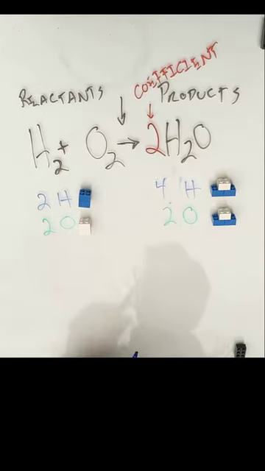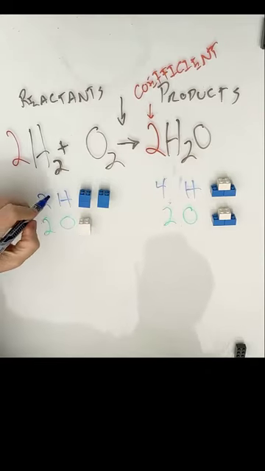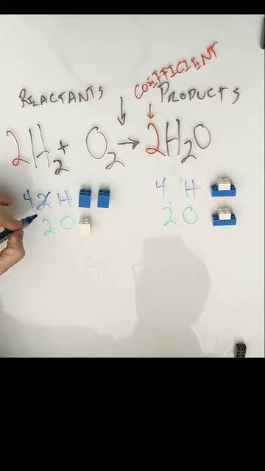That's okay, because what we can do now is, if I need 4 hydrogen and I've got 2, I can put a 2 in front of that hydrogen, which means now I have 2 hydrogen molecules. Each hydrogen molecule has 2 hydrogens. So now instead of 2 hydrogen, I have 4 hydrogen.